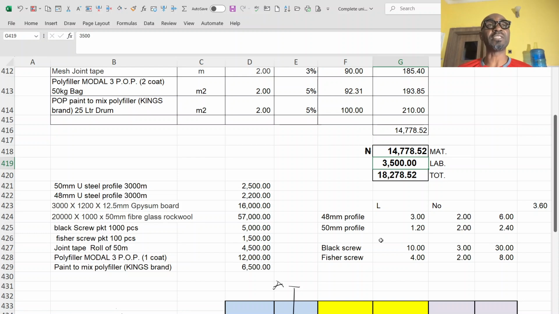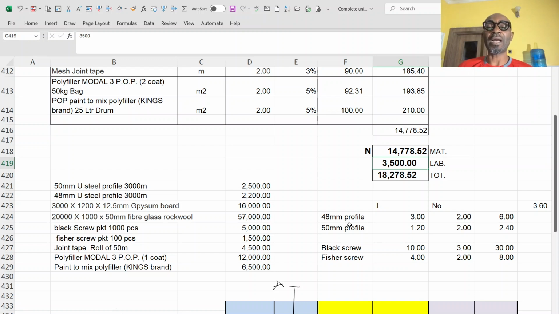Then the labor differs from one region to another. The price that is obtainable in Kaduna might be different from what is obtainable in Abuja and Lagos, depending on the availability of the workmen that understand how to do dry work. If they are few in number, the competition will be high and their prices will be high. But where you have experts that do this more, the competition will be there and the prices will come down.